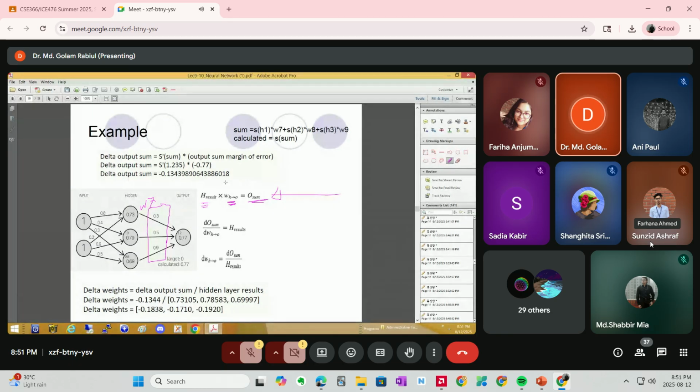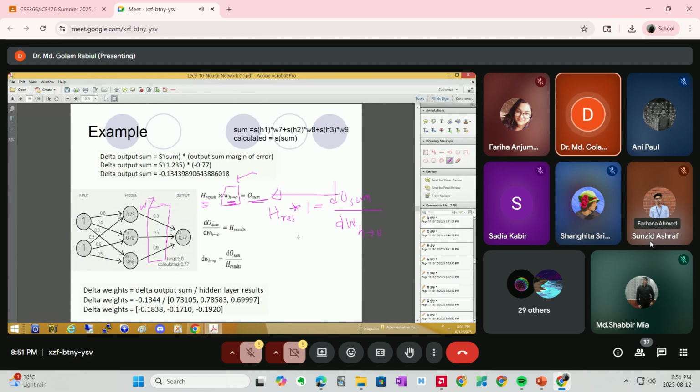Now, what we have to do is take the derivative of this equation with respect to W. If we take the derivative of this equation with respect to W, then it will be the hidden results times the derivative with respect to W. Here we can see this is W, so it will be 1, equal to delta O sum by delta W hidden to output.